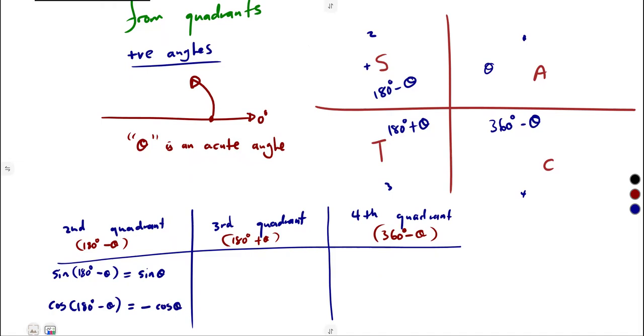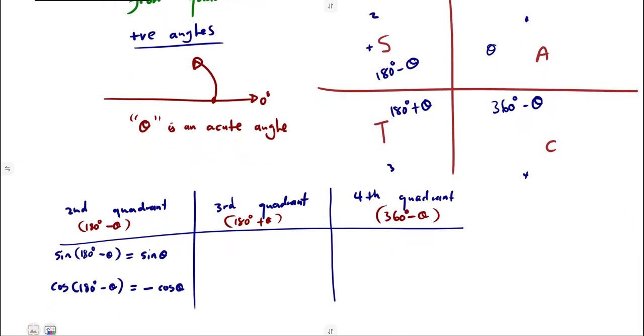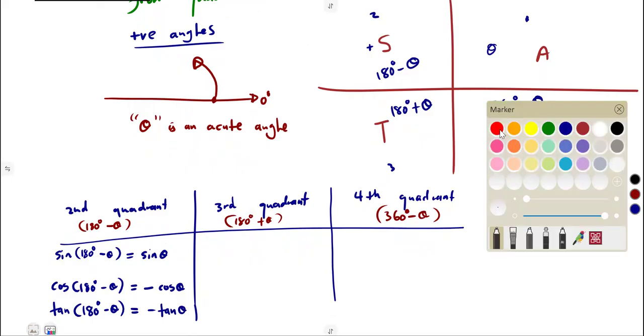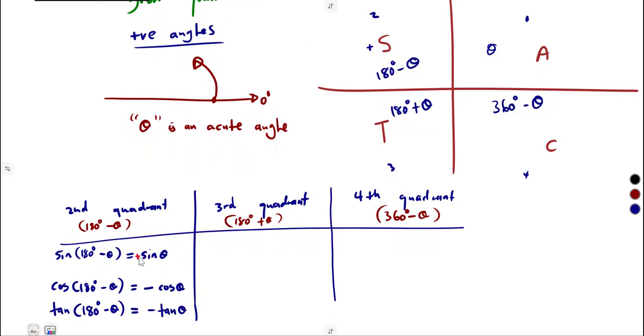The same thing with tan, taken from that quadrant, it is sine which is ruling there. So tan is going to be taken as negative. It is only sine that is positive in that quadrant. That is the one that is ruling.